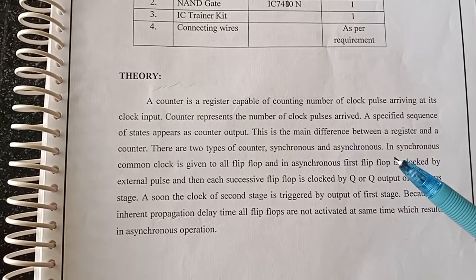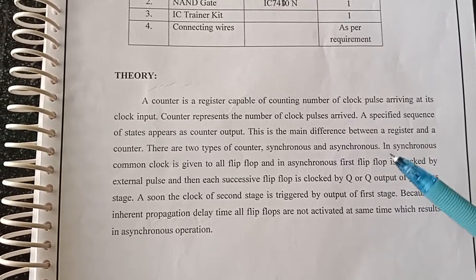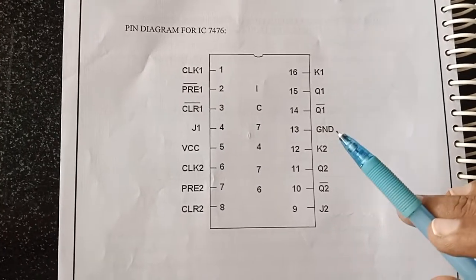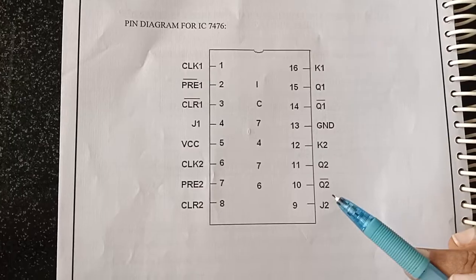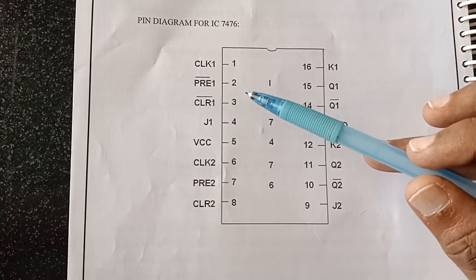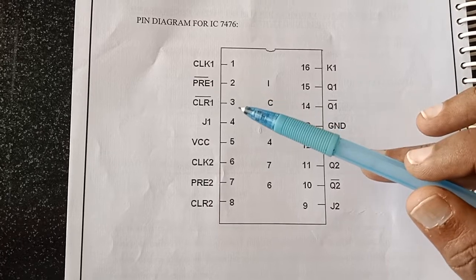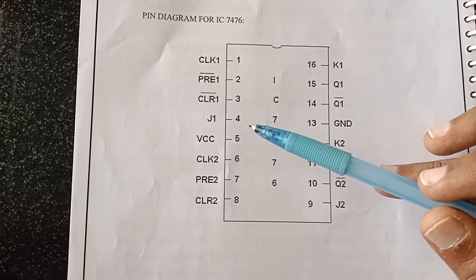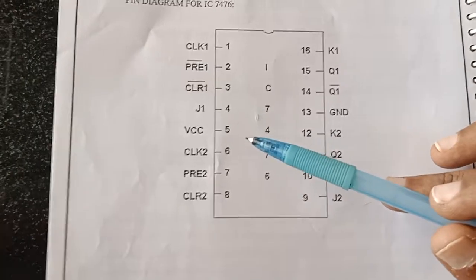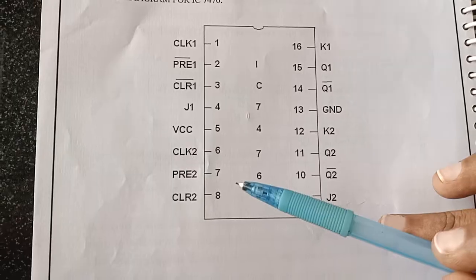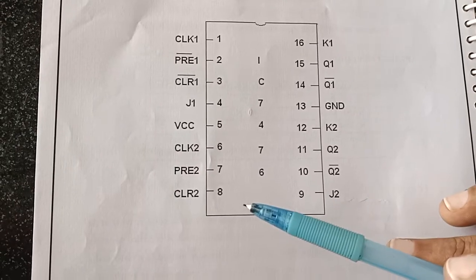Now I am going to discuss the 4-bit ripple counter. This is the pin diagram for IC 7476, which consists of 2 JK flip-flops. Pin 1 is clock 1, pin 2 is preset 2, pin 3 is preset 1, pin 3 is clear 1, pin 4 is J1, pin 5 is VCC, and clock 2 is applied at pin 6. Pin 7 is reset, and pin 8 is clear 2.